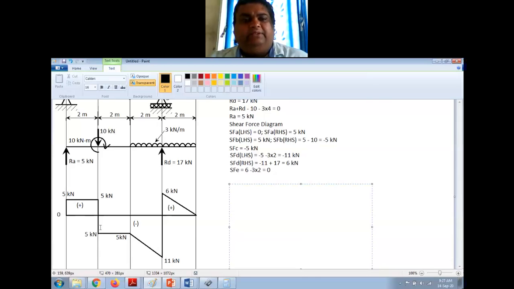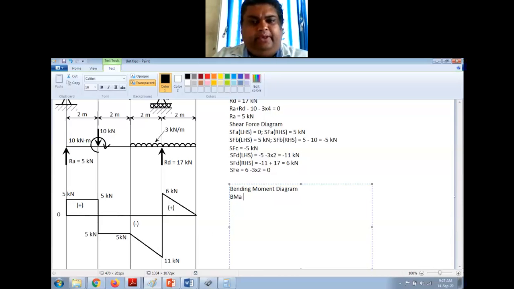So if you have it like this, then you don't have to find the point of maximum bending moment. Only when you have a sudden change in the sign, then you have to do it. Okay, bending moment diagram. Now I have to find the bending moments.